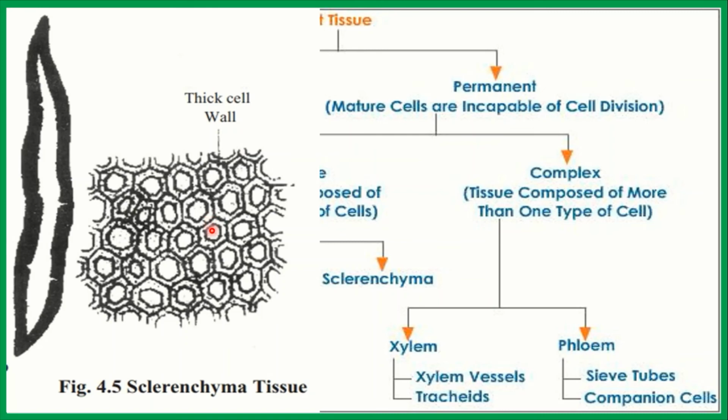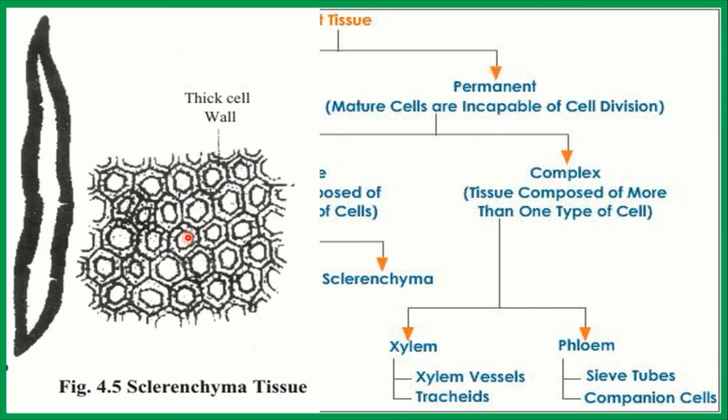Why are these cells the hardest? Because of deposition of lignin on their cell wall. These cells are shorter, isodiametric, or sometimes long and star-shaped. Their secondary cell walls are durable, thick, and lignified.